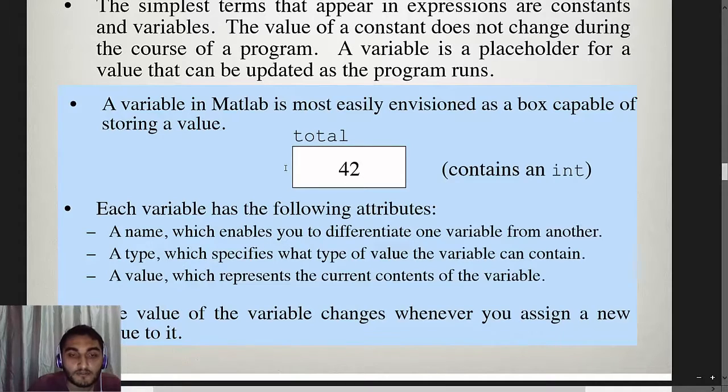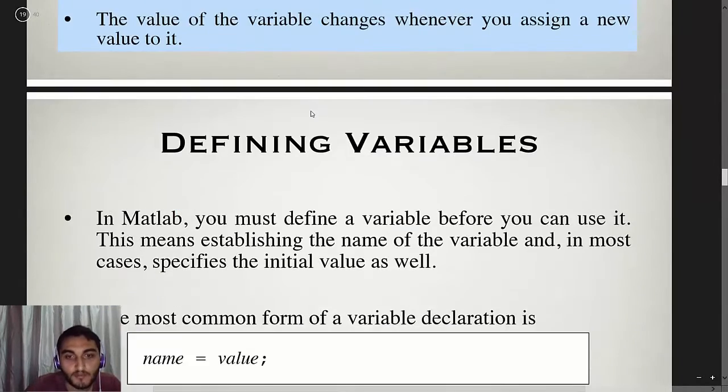By the way, this is an integer because there is no decimal point. So this is your final answer. This will not change, and if you assign a new value after the program runs, total equal 40, then if you call total, you take the 42, which explains this one.